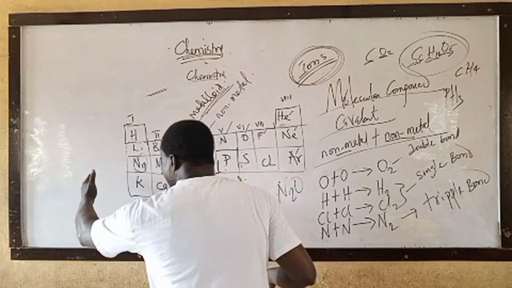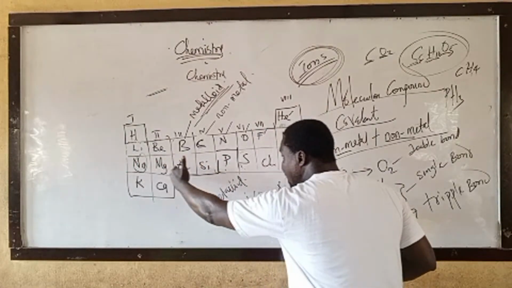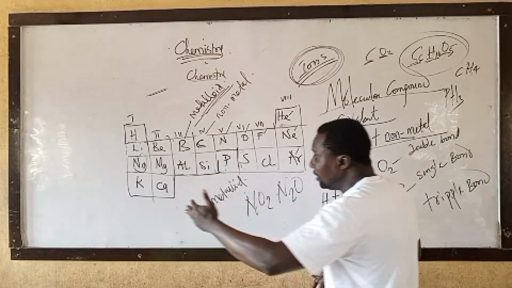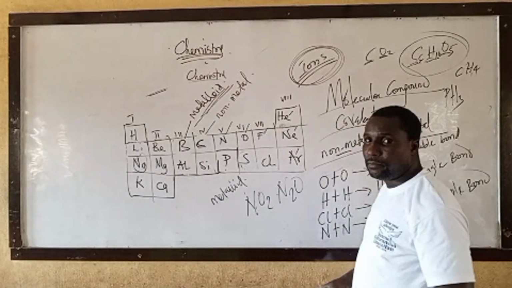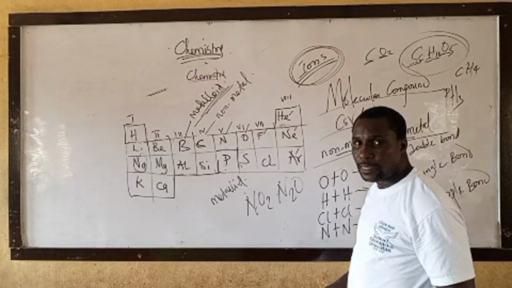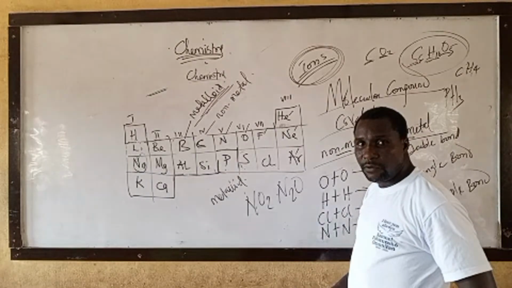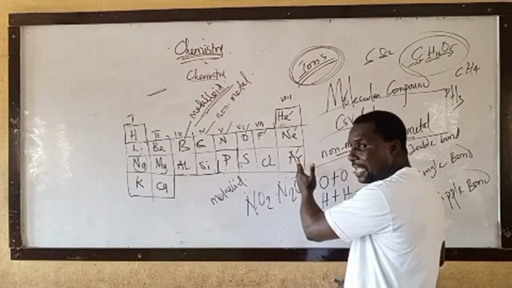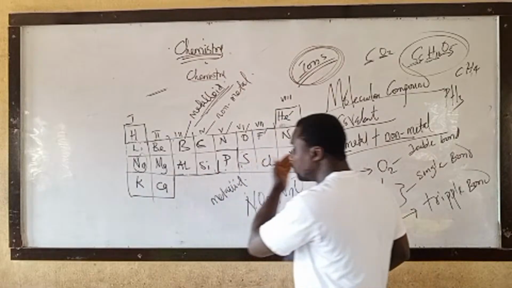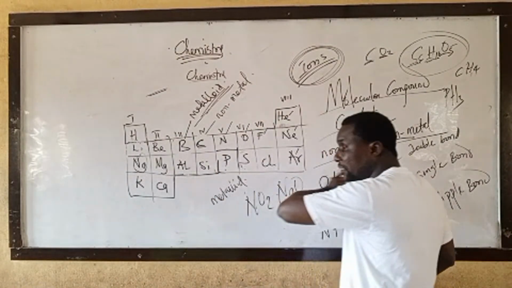As you are moving from left to right, the physical state changes from solid to what? Gas. From metals to what? Non-metals. From solid to gas, from metal to non-metal, as you are moving from left to right.